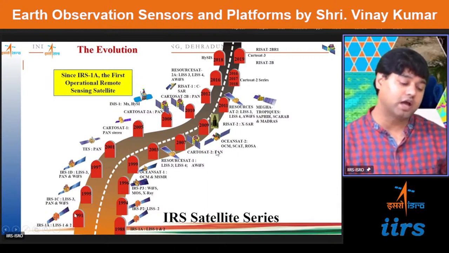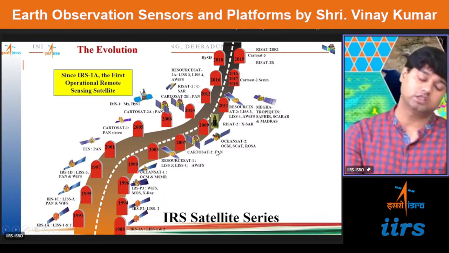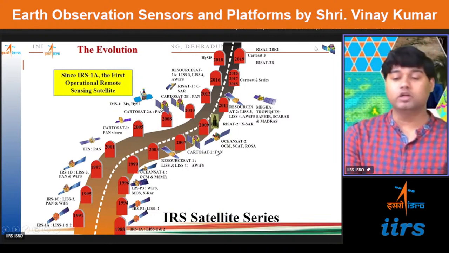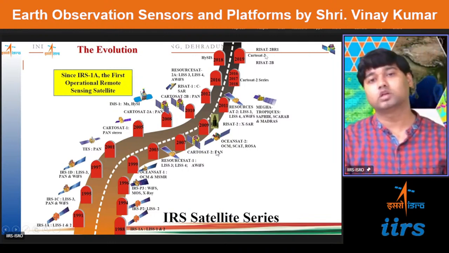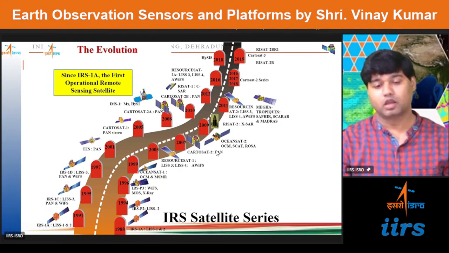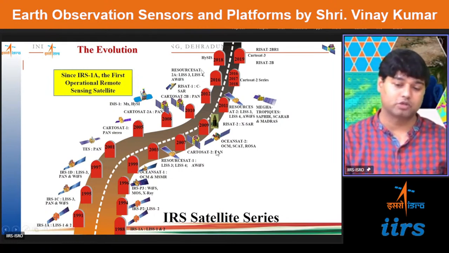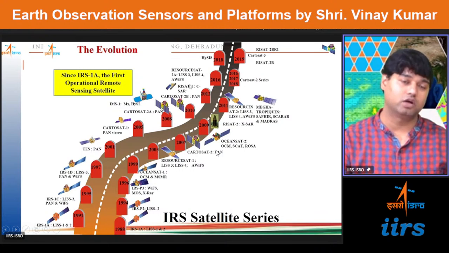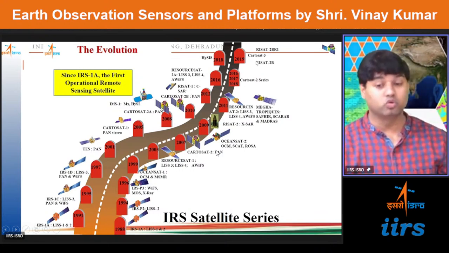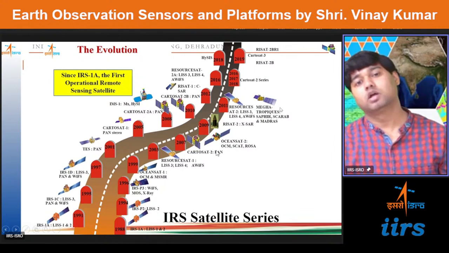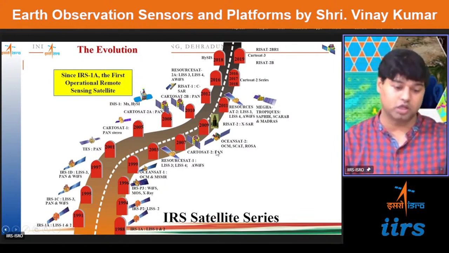We started with IRS 1A, 1B, with LISS 1 and LISS 2 sensors at 72 and 36 meter resolution. Now we have reached Cartosat 3 with 25 centimeter resolution in panchromatic. We also launched the HISIS hyperspectral sensor, then Megha-Tropiques, the Cartosat series, and microwave satellites like RISat 1, 2, 1A, and 2B. These satellites were launched in different years.